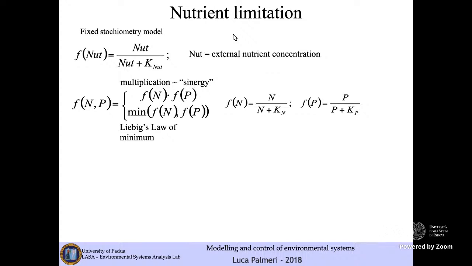Because saltwater ecosystems are ecosystems in which the benthos, or the sediment part of the ecosystem, plays a very important role. The sediment has a memory, keeps memory of the past story of a system, and in particular keeps memory in terms of nutrient concentrations.